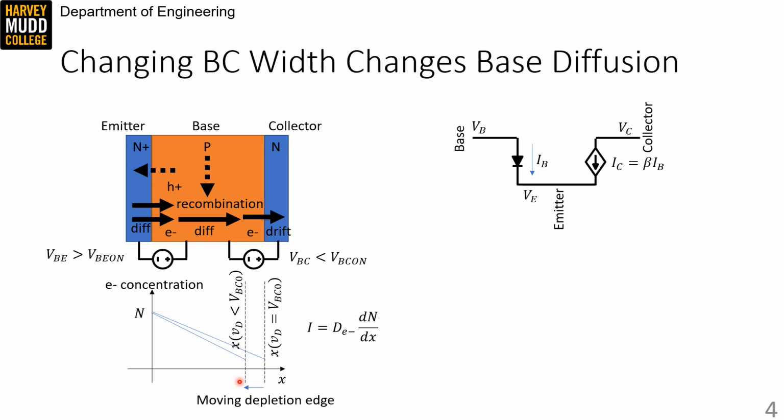So reverse bias will make the depletion region larger, or the base smaller as the depletion region grows. And a forward bias will make the base larger as the depletion region shrinks.